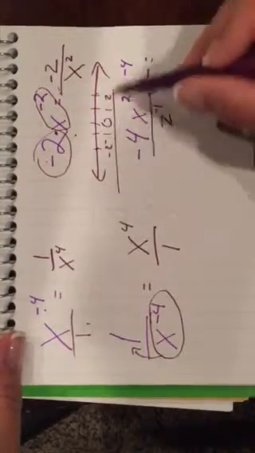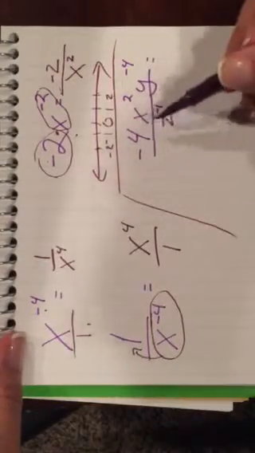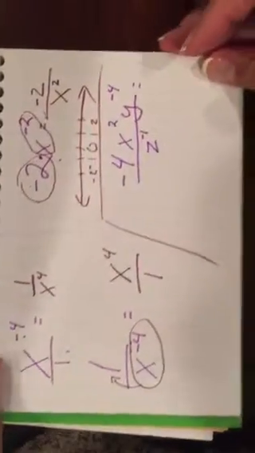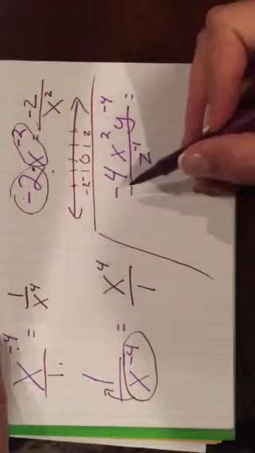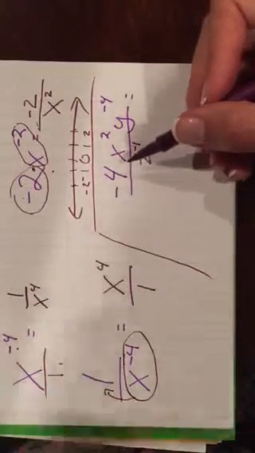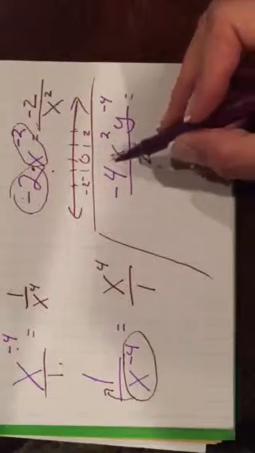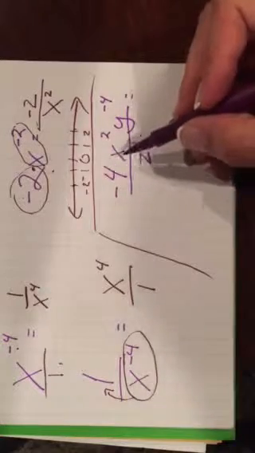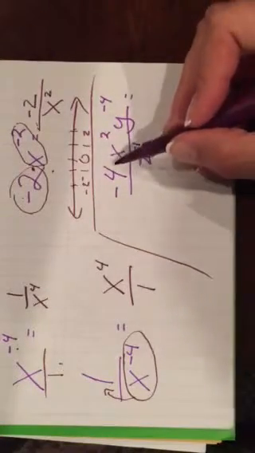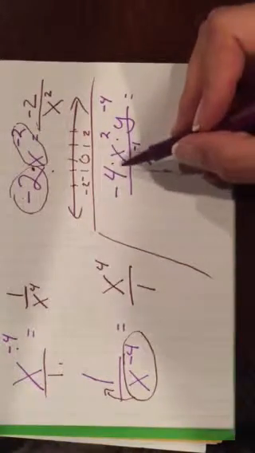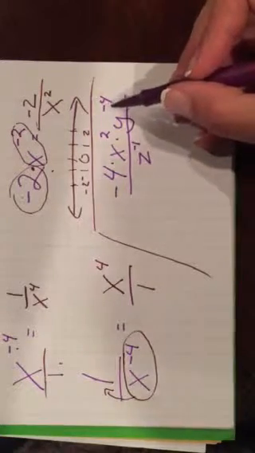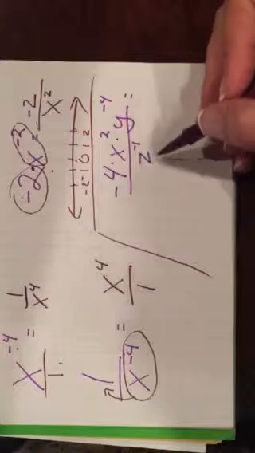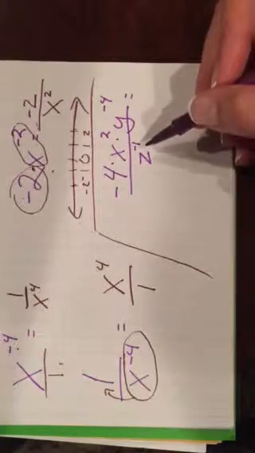Okay, so let's look at this bottom one here now. Okay, the whole expression says negative 4 times x. Remember, if they're right next to each other, they're just multiplication operations. Negative 4, x to the second power, y to the negative 4th power, all over z to the negative 1.